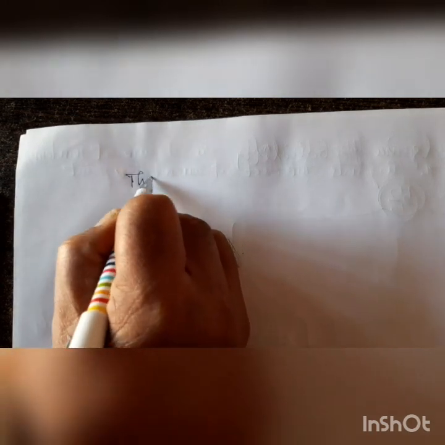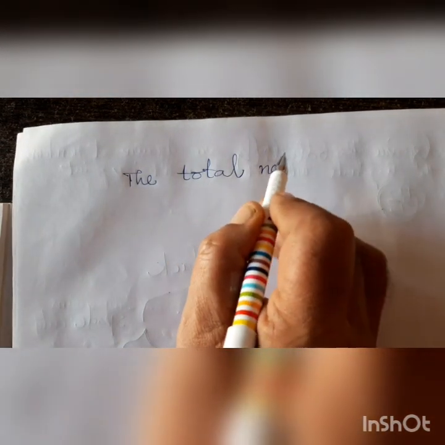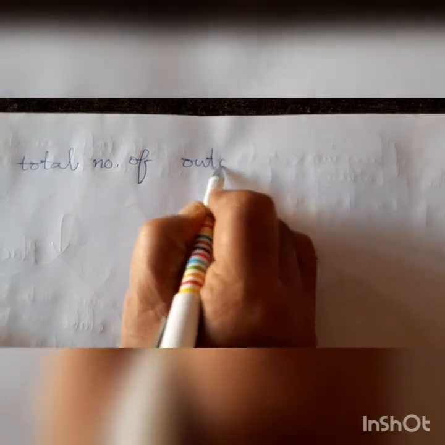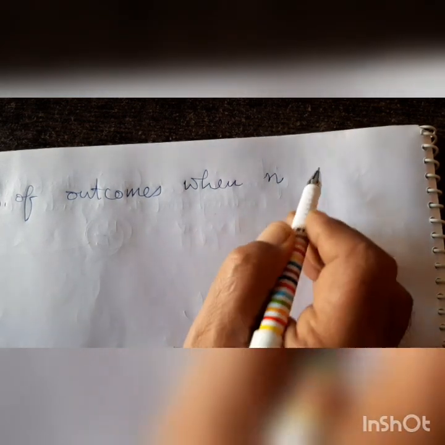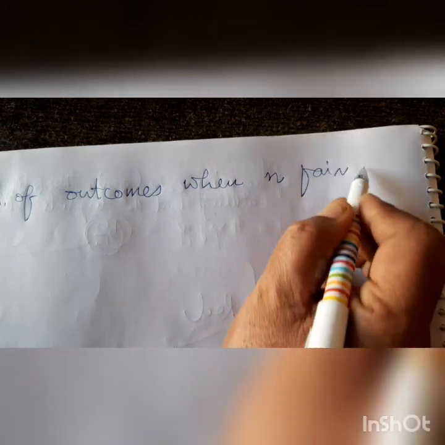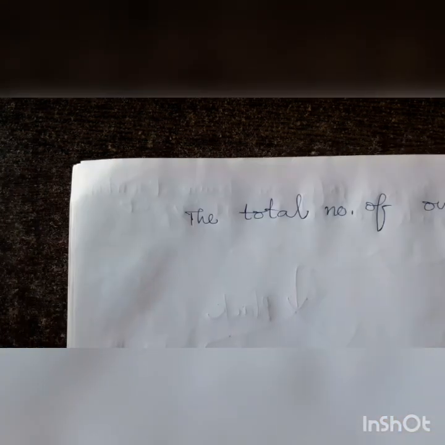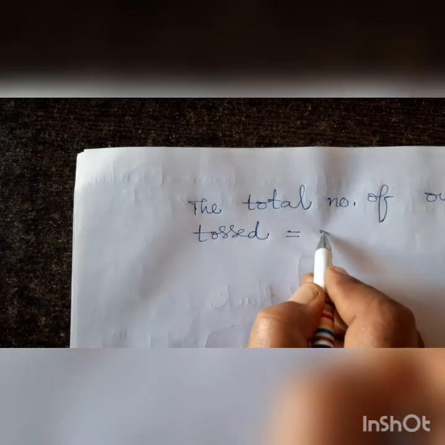The total number of outcomes when n fair coins are tossed equals 2 power n.